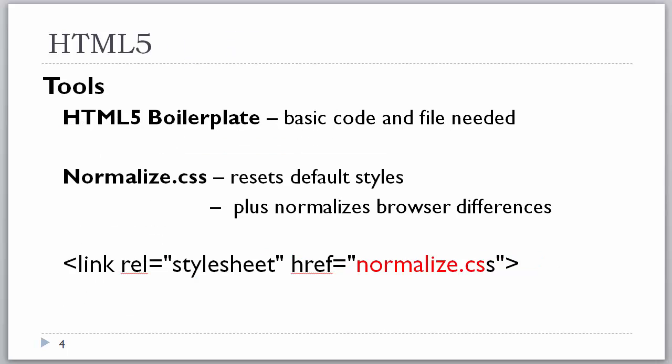Some other tools, the HTML5 Boilerplate. Here again, this is a basic code template that also comes with some of the needed files that developers usually use, such as normalize.css. A style sheet that you'll see out there being used an awful lot.